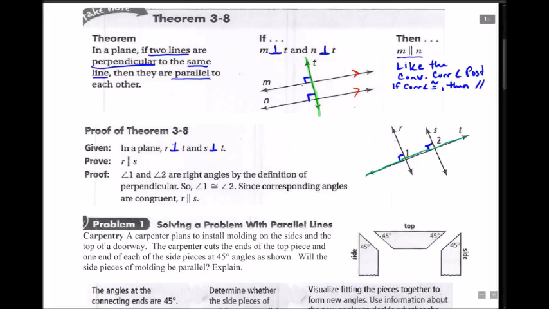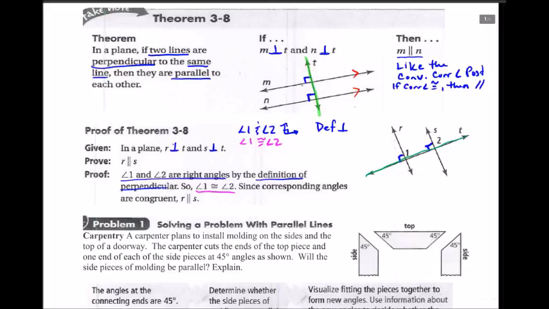Well, the first thing that we can say is that angle 1 and angle 2 are right angles. How can we say that they're right angles? Well, that's just the definition of perpendicular, right? And then, guess what we get to say? That angle 1 is congruent to angle 2.